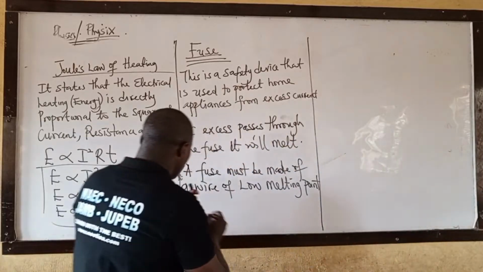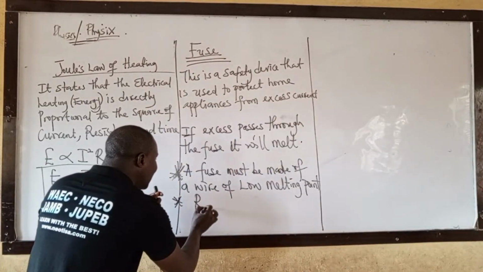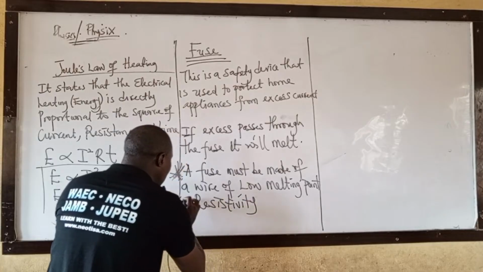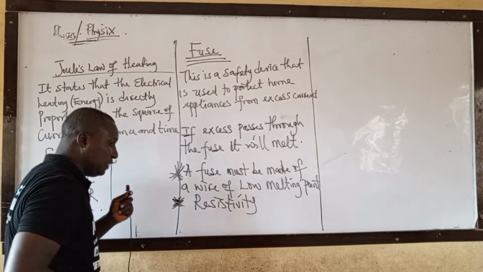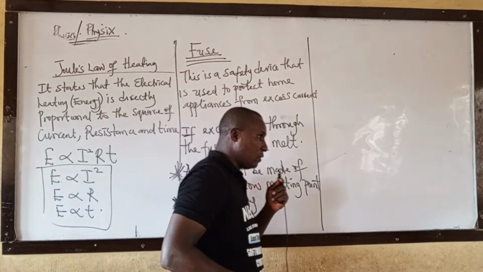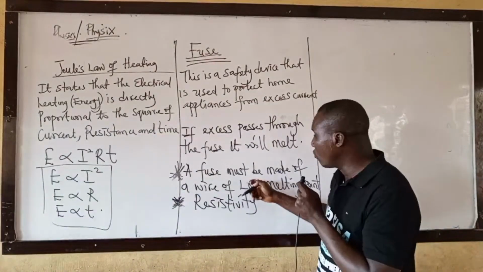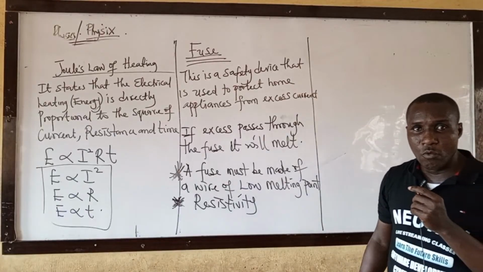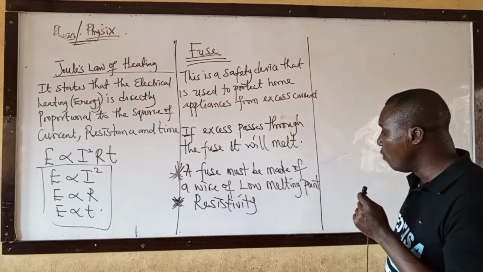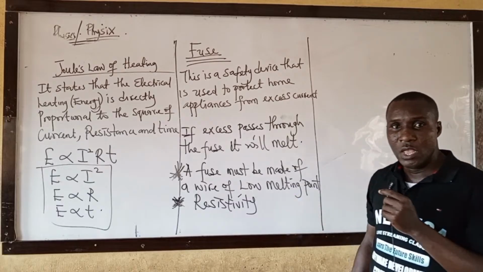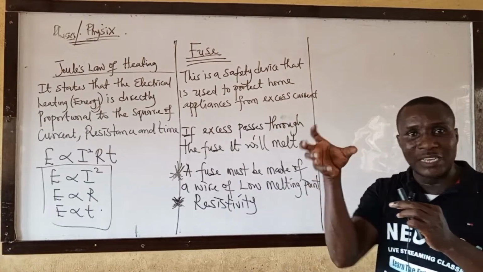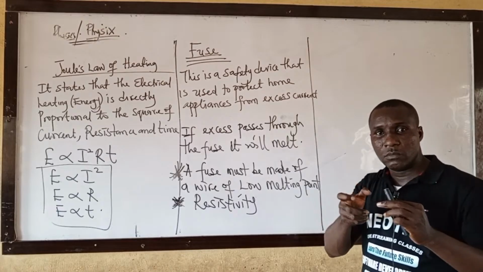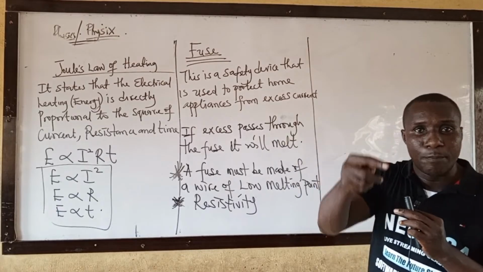Sometimes the wire must also have high resistivity. Take note of that. But this one is compulsory: the wire must have a very low melting point, because when you have excess current passing through it, the wire will break off or melt so that it will protect home appliances.